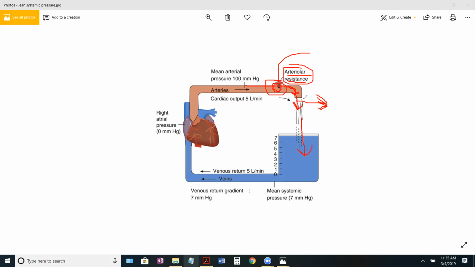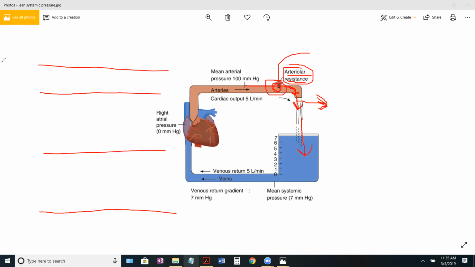So that's one thing. The other thing is, if this is one vessel and this is the other vessel, through which vessel do you need more pressure to push blood through? This is number one and this is number two. Which vessel needs more force to push blood through it?